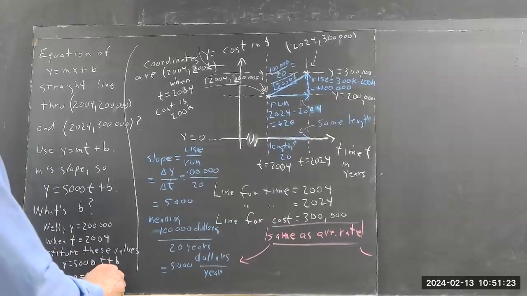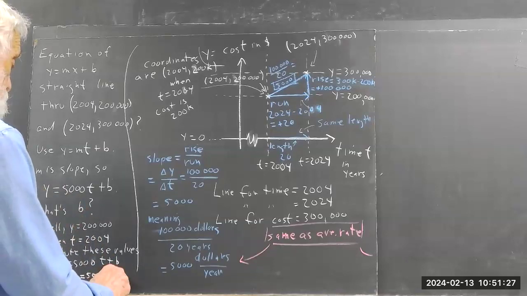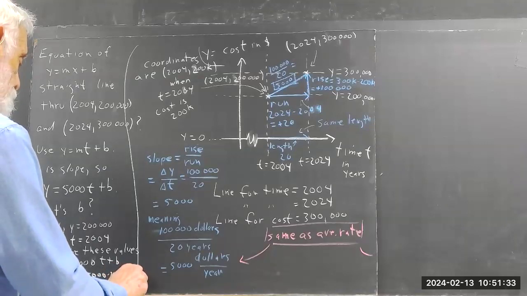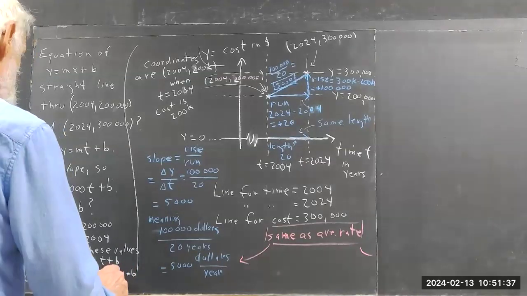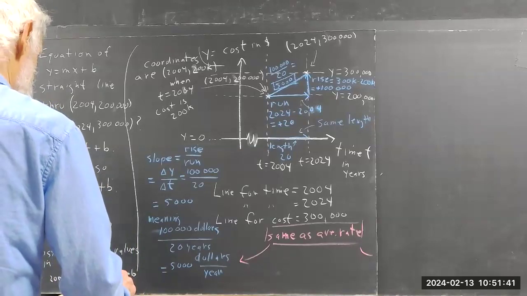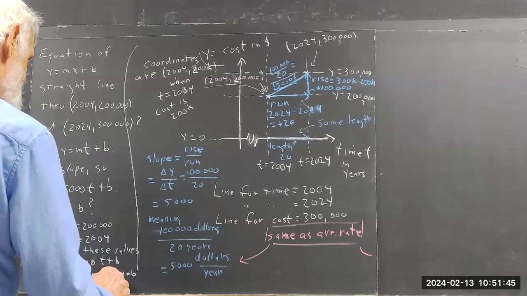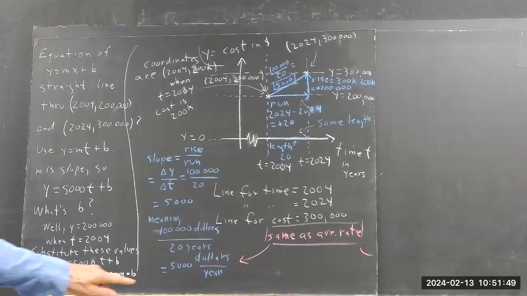T is 2004 when y is 200,000. And then it's plus b. I'm having trouble making a dot on the chalkboard, my coordination. Well, this is an equation you can easily solve for b.